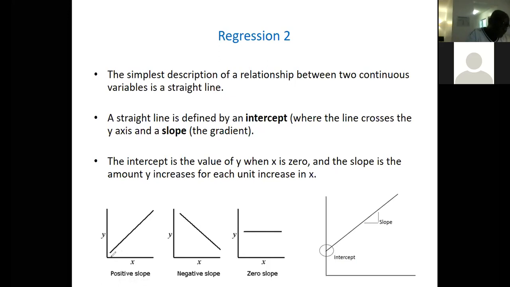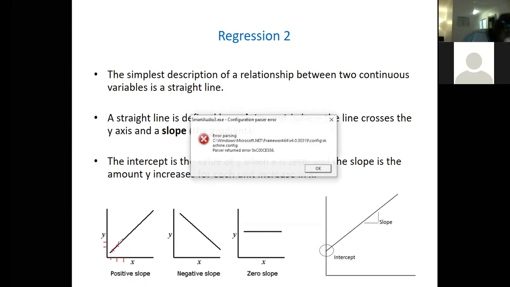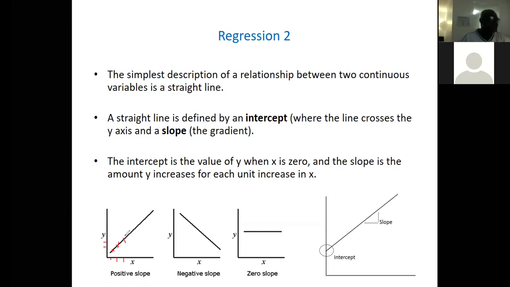Maybe the value of x was here before, then the value increased to this side, and the value of y also is increasing. As this one moves from here to here, this also moves. You mark where they meet and join the marks together, and that becomes a straight line like this. So it means that as one is increasing, the other one is increasing also. That's why the slope slants upward.